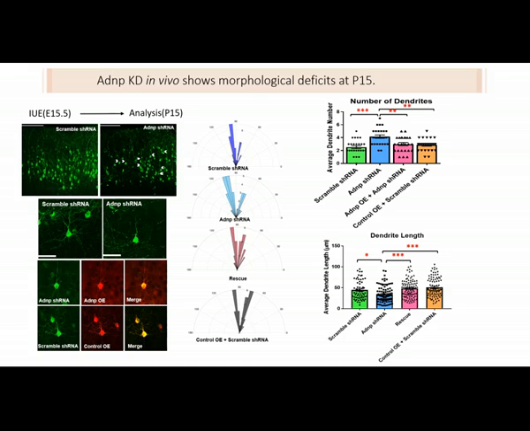We found that ADNP knockdown neurons extended the apical dendrite, but its angle was broader as compared to the control neuron, which extended the apical dendrite straight to the pial surface. We also found that ADNP knockdown resulted in an increase in basal dendrite number and decrease in basal dendrite length.